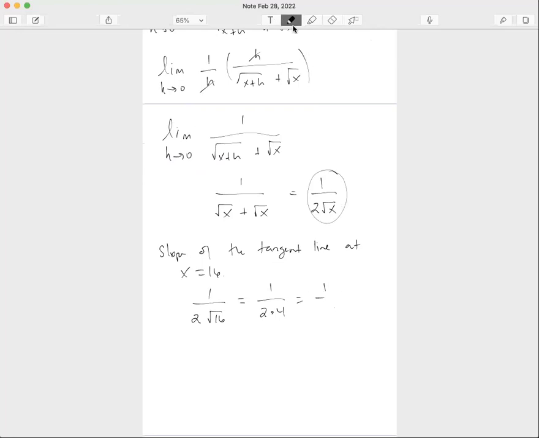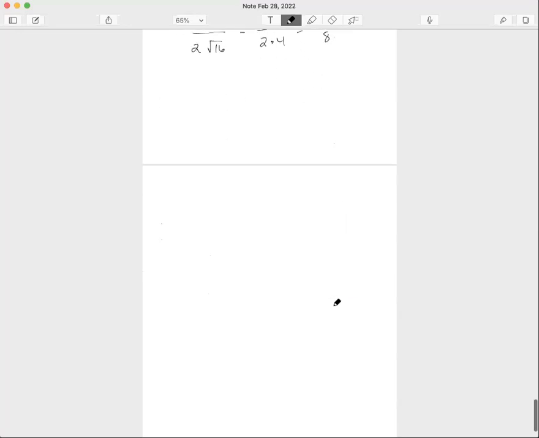So cool, now we have a formula for the derivative of radical x. Questions about that one? Okay. Let's do another one.